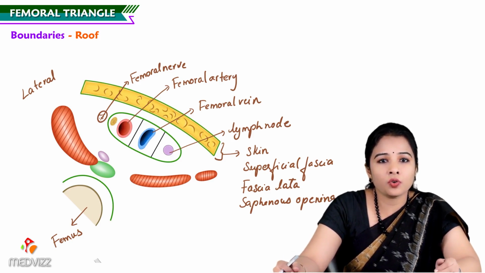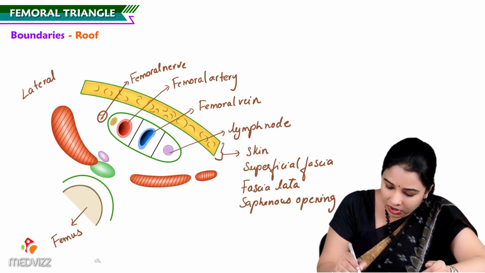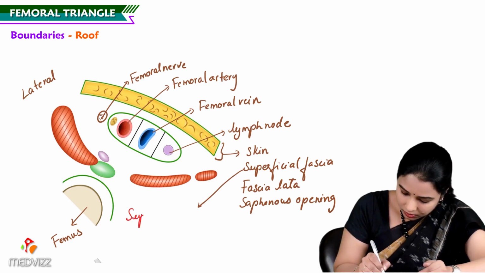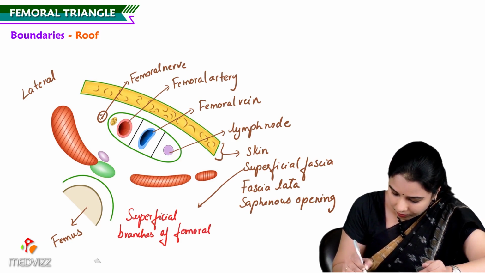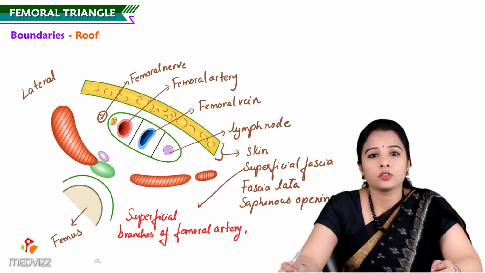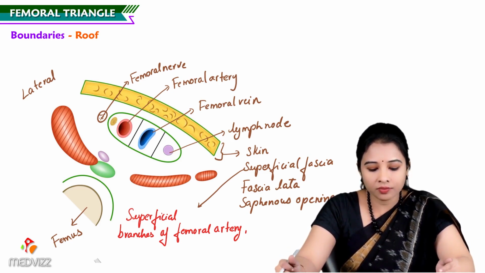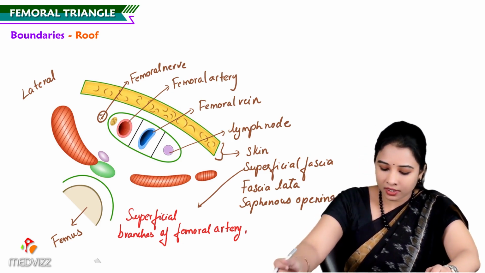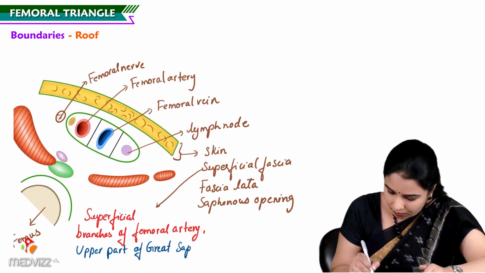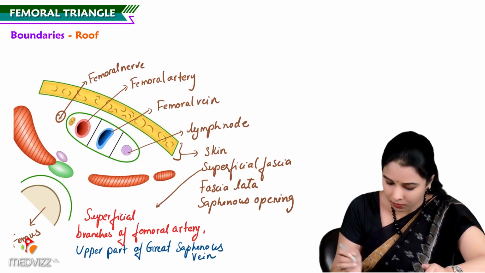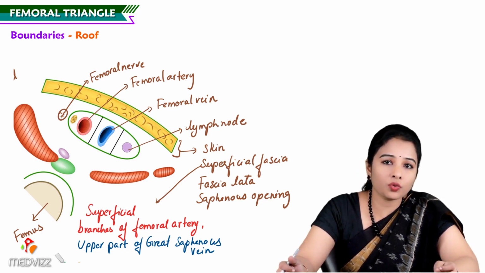Then the superficial fascia over the roof contains the superficial branches of femoral artery, femoral vein. We also see within the roof the upper part of great saphenous vein. The upper part of the great saphenous vein is also a structure present within the roof of femoral triangle.